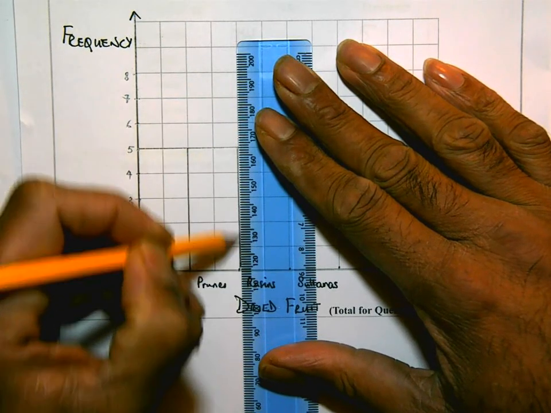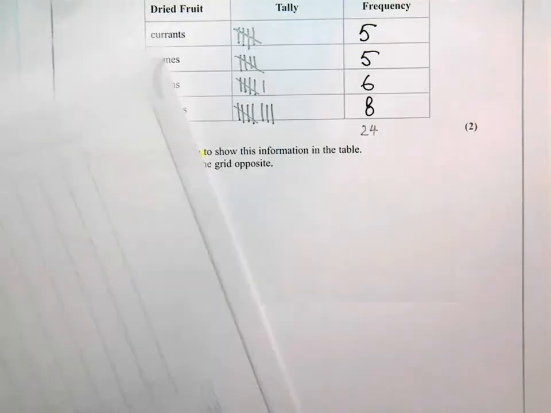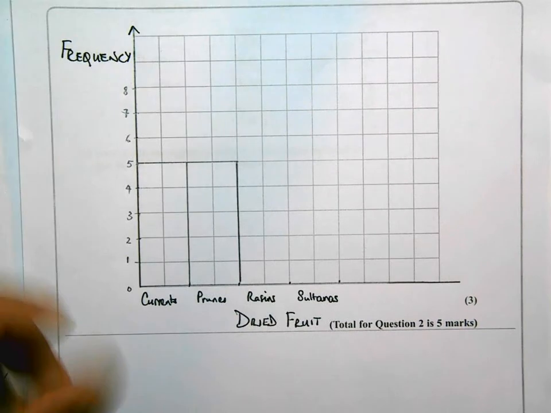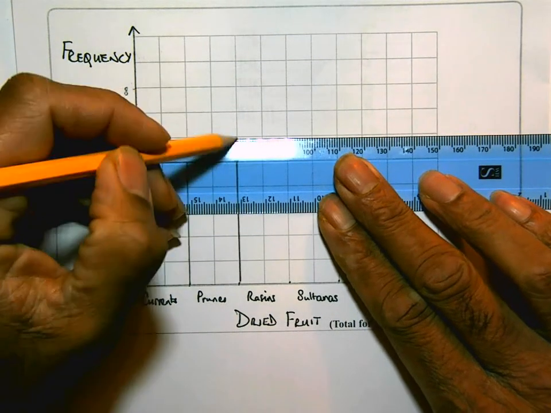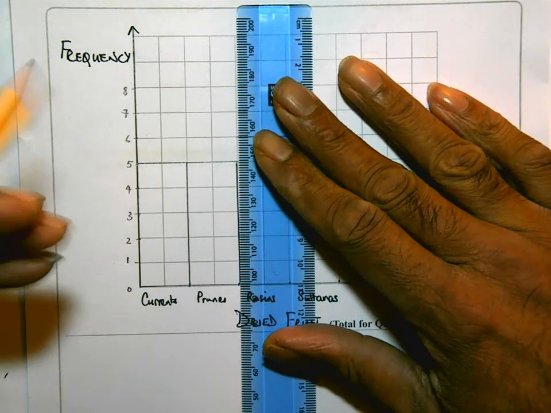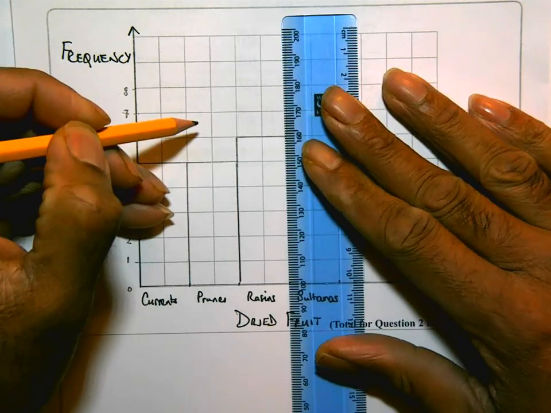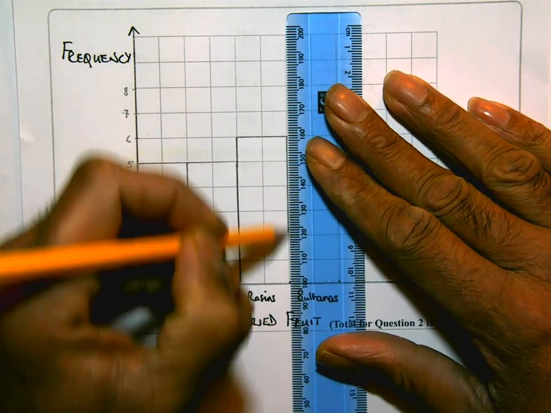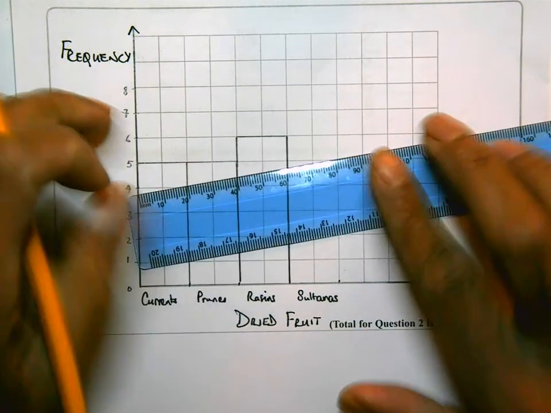And then going on to the next one, 6 for raisins and 8 for sultanas. So it needs to go up to 6 for raisins, and 8 for sultanas. So go all the way up to 8.